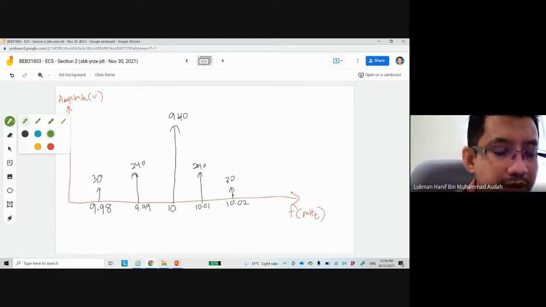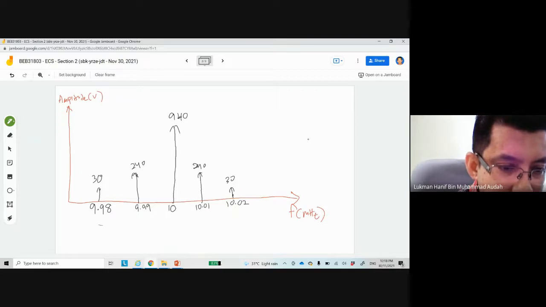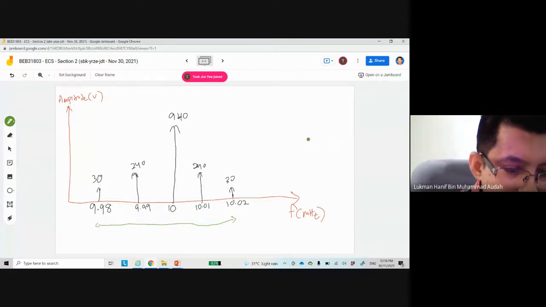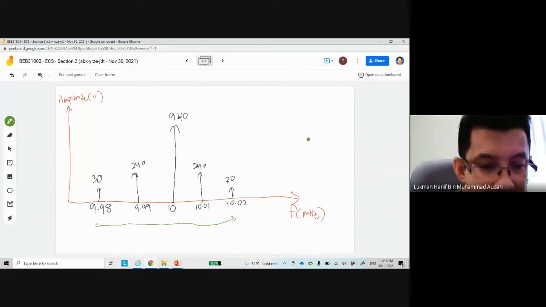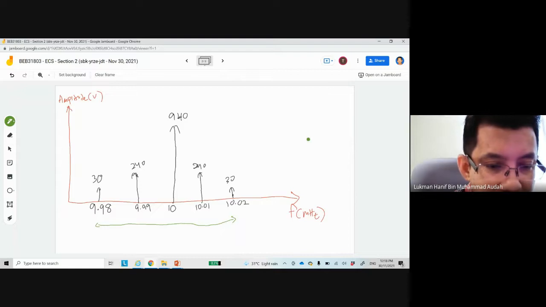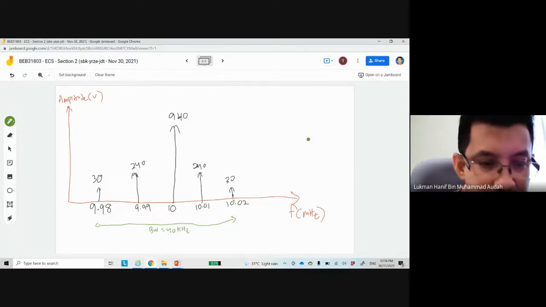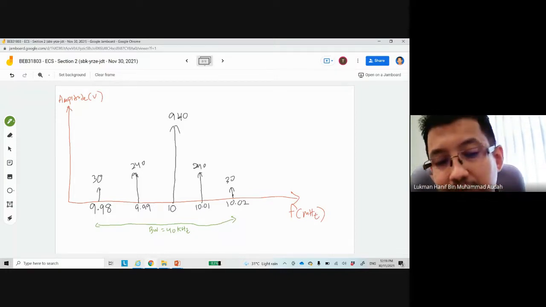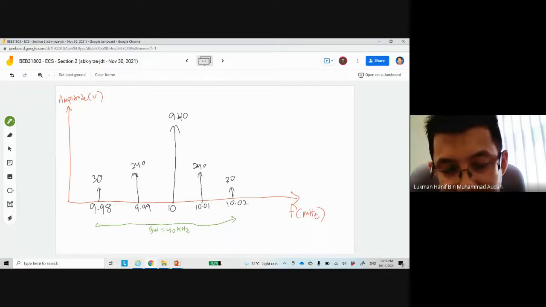So kalau you lihat di sini, this one if you see from here, the bandwidth is actually 40. Macam mana 40? 20 plus 20 to 40 kilohertz. Ini pun telah kita peroleh dalam Bessel bandwidth 40.